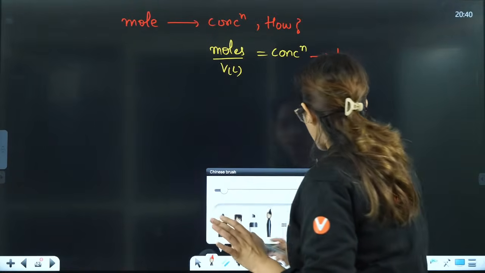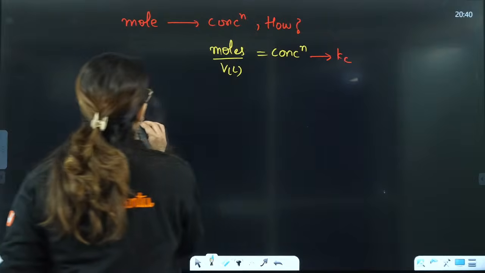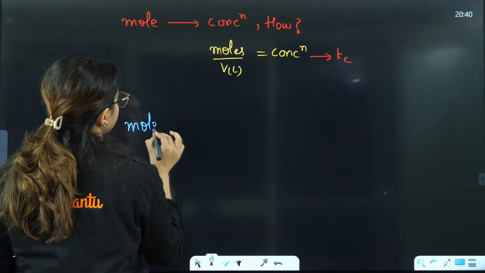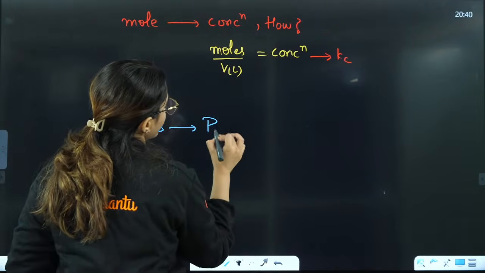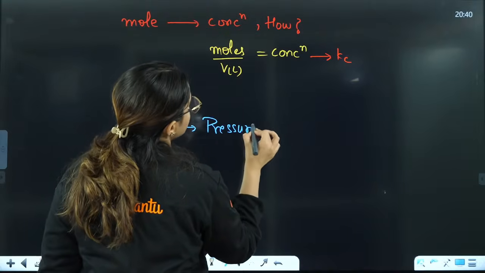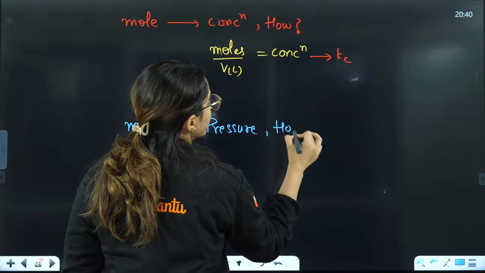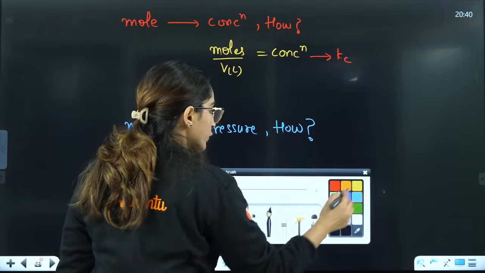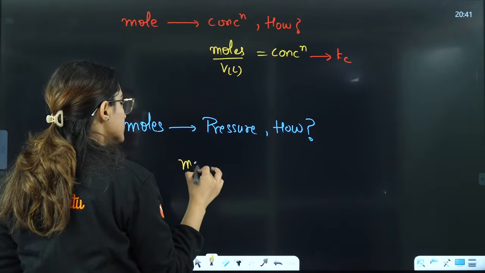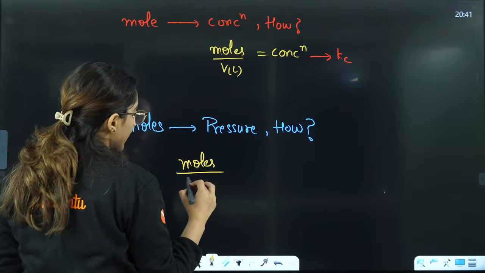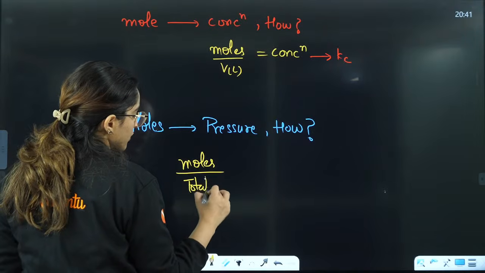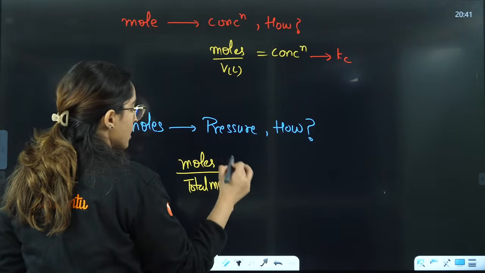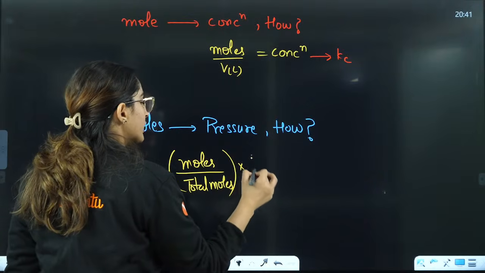But when you have moles and you want to convert it into pressure, then how will you do it? You will do it by moles divided by total moles, multiplied by total pressure.